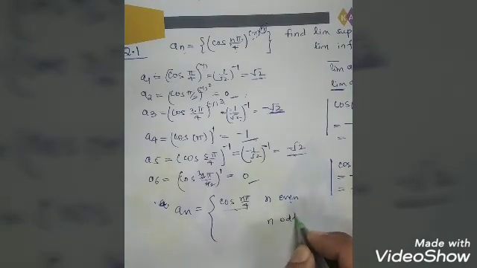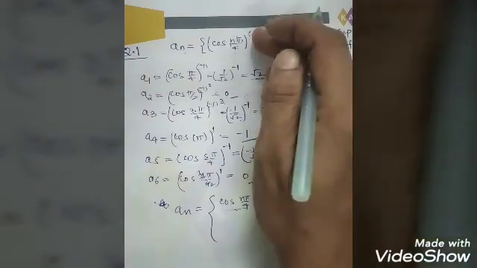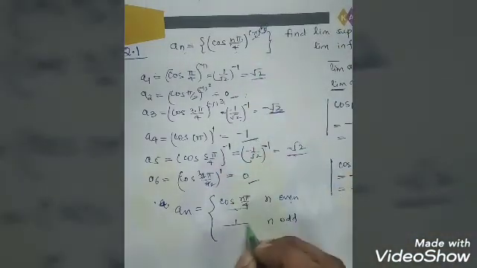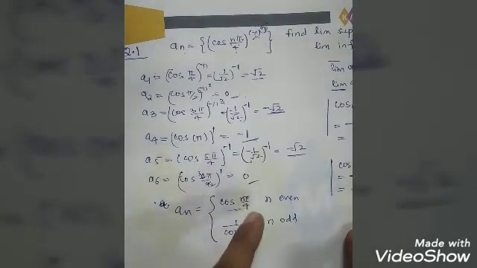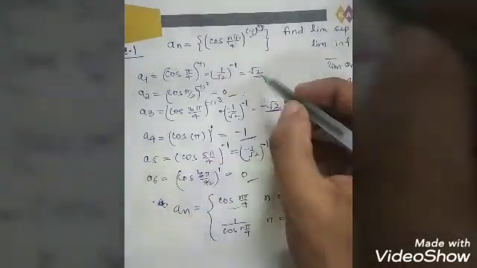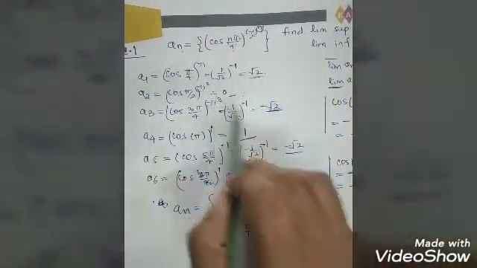When n is odd, minus 1 raised to an odd number will be minus 1, so it goes in the denominator: 1 by cos(nπ/4). The sequence oscillates, and depending on n the values change, taking the values root 2, 0 and minus root 2.